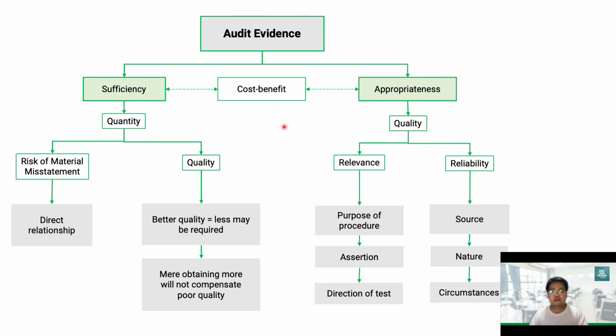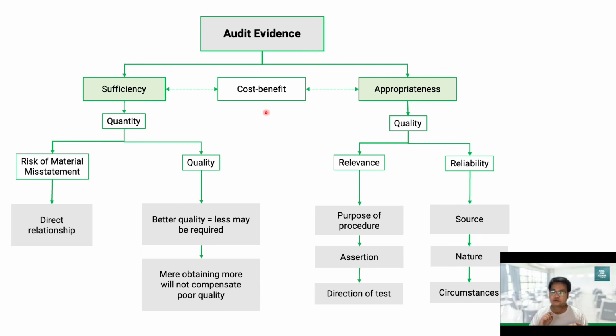However, cost alone cannot be a reason to skip a procedure for which there is no alternative. For example, there is an important procedure that we have to perform. However, it's costly and there is no other alternative evidence.